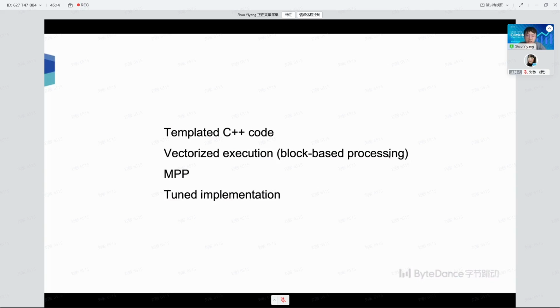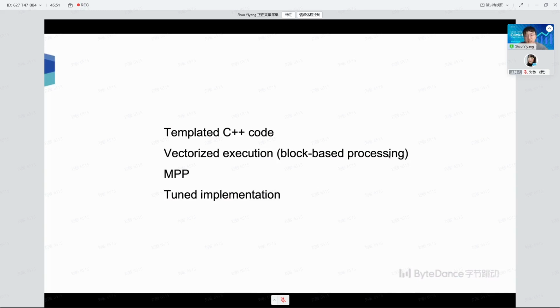And lastly, it's actually another unique point of ClickHouse. The author of ClickHouse and the community are trying to optimize as many things as possible, even for very small details. Just to give you an example, like the algorithm for the group by operation in ClickHouse, the community actually incorporates tens of different algorithms for different types of data, and they will choose the best algorithm for that specific data type.